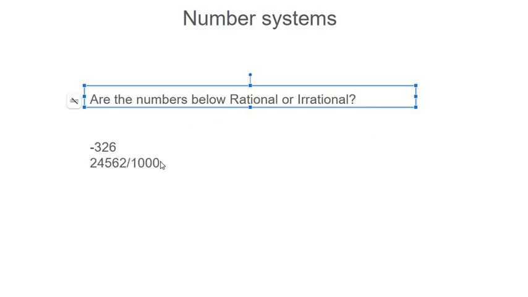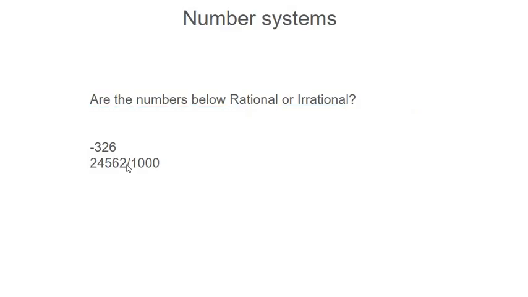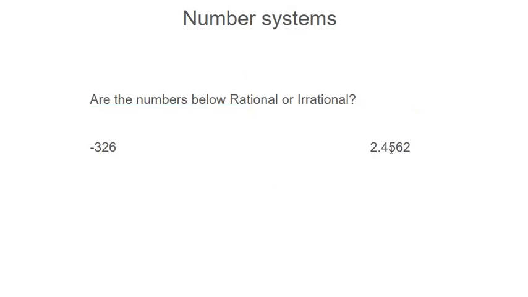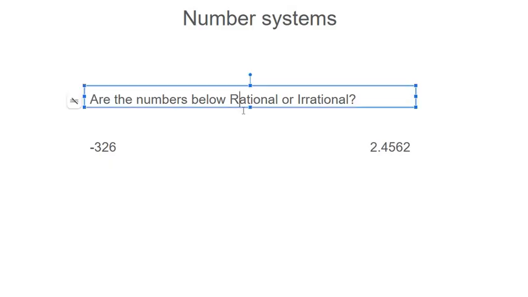Now you have to move the decimal spot a few times. So the decimal doesn't go here. It jumps again. It jumps again. Jumps again. And finally, it jumps one last time. So you can express that as a ratio, so they're both rational.